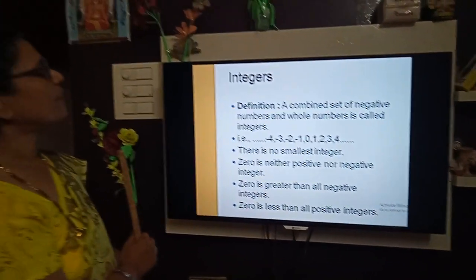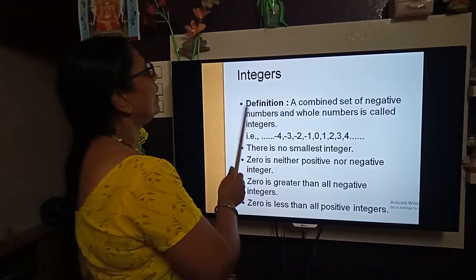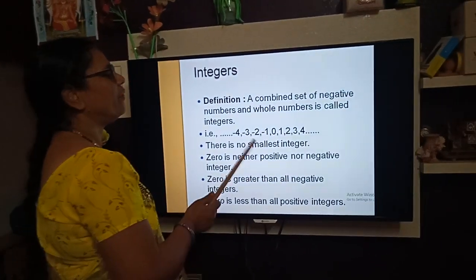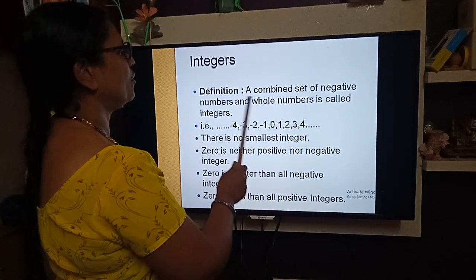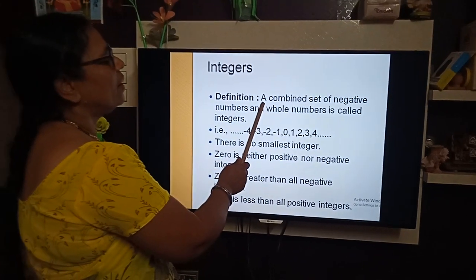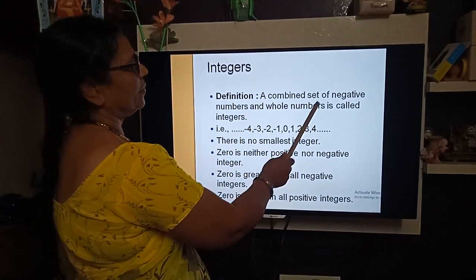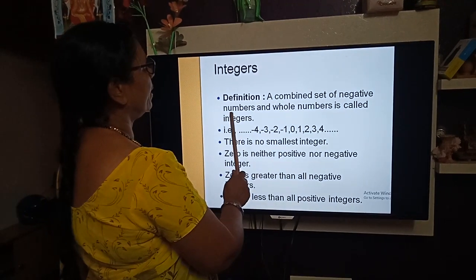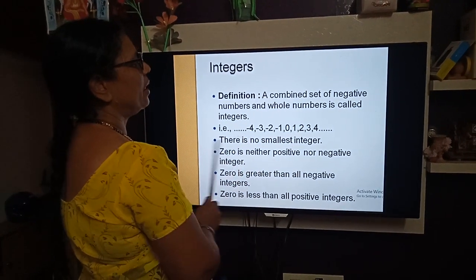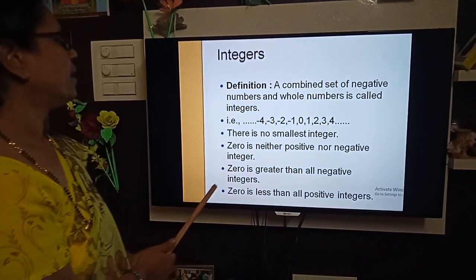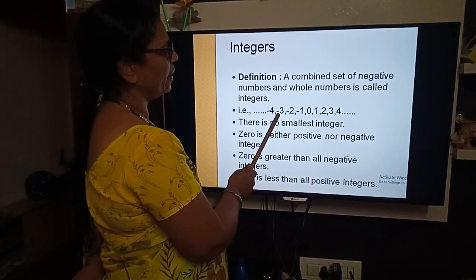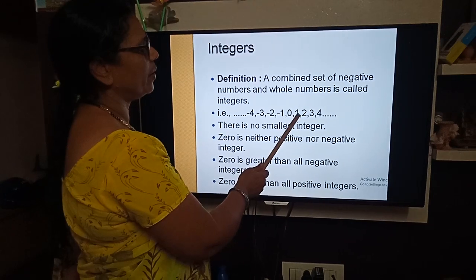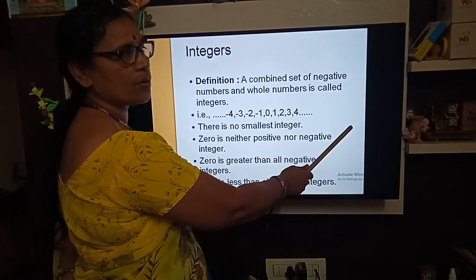Integers. See the definition. Integers are a set of numbers in which negative numbers are also there and all whole numbers are there. So the definition says that a combined set of negative numbers and whole numbers is called integers. Here, from negative infinity, -4, -3, -2, -1, 0, 1, 2, 3, 4 and so on.